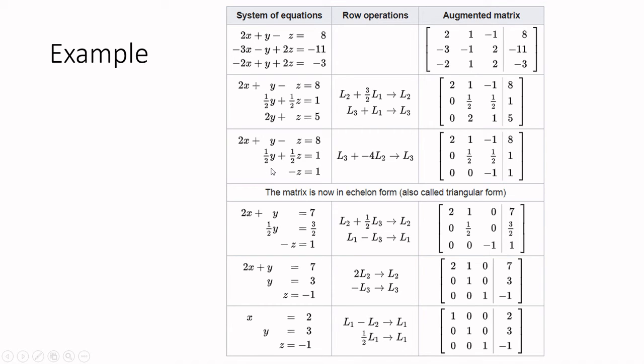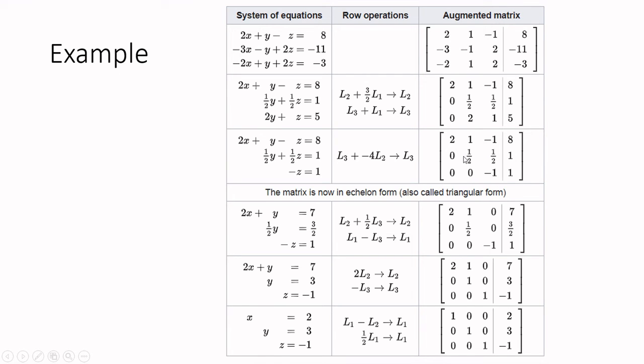Similarly, now we consider the second equation as our pivot equation, and we eliminate the variable y in the third equation. So we have multiplied this with 4 minus 4, because we have 2 over here, and then we add it. The result of all these operations will give you the reduced augmented matrix in this form.